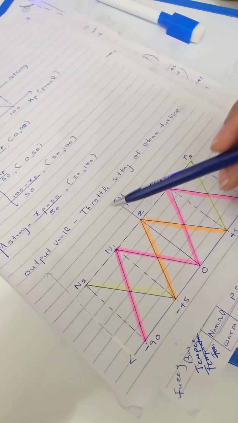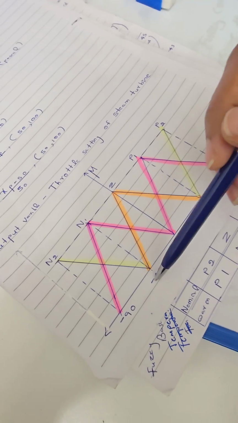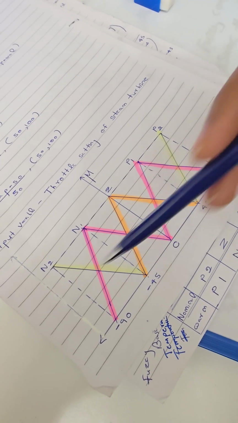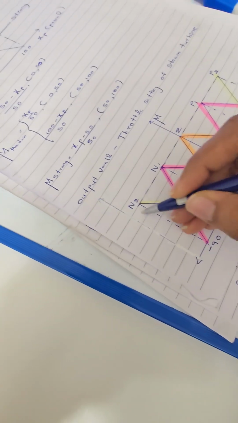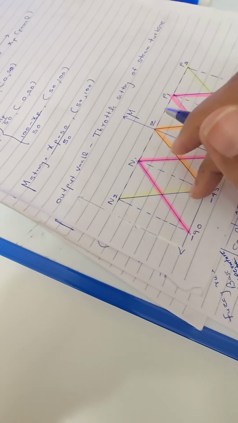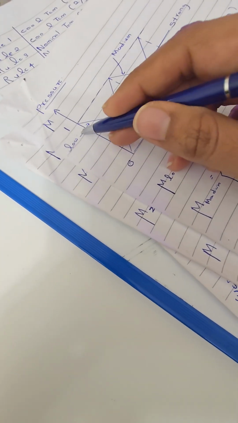For the output, the throttle setting of the steam turbine, I told you minus 45, minus 90, 45, 90 and 0. This is N2. Actually this is starting from here. We are not interested in this, we are just checking this part of it. Here also, maybe pressure is lower than 0, but we are not checking it.